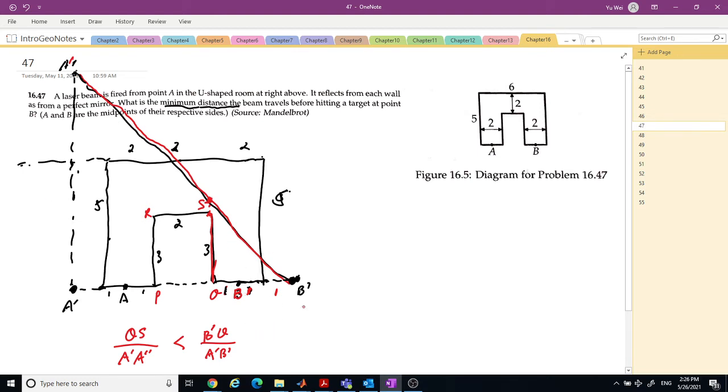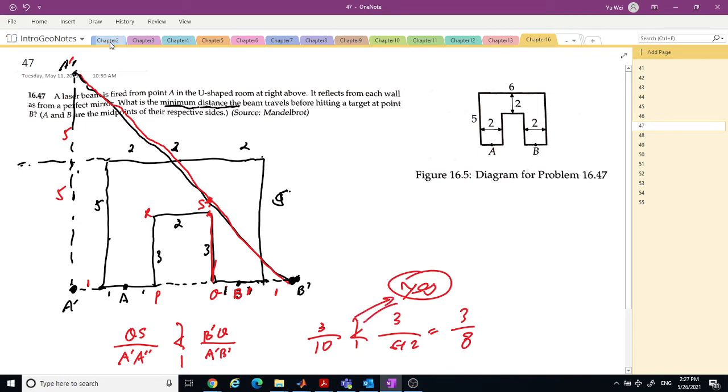Let's calculate the ratio. So QS is 3, A double prime is 5, this is 5, so it's 10. Whether it's less than B prime Q is 3, A prime B prime is 6 plus 1 plus 1, which is 6 plus 2, so 3 over 8. Okay, so yes, right?